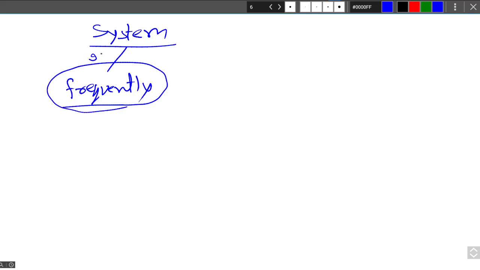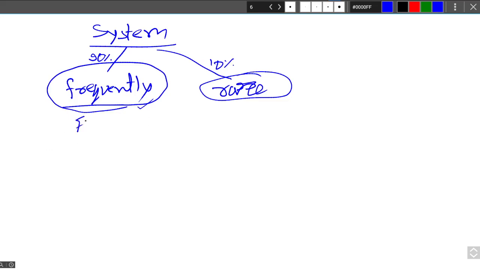Suppose frequent use means 90% of the time this particular part of the system is used, and the rest of the system can be considered a rare case.